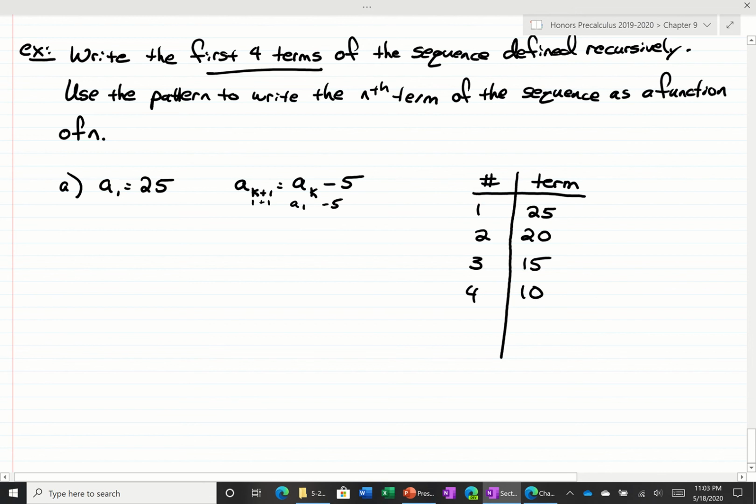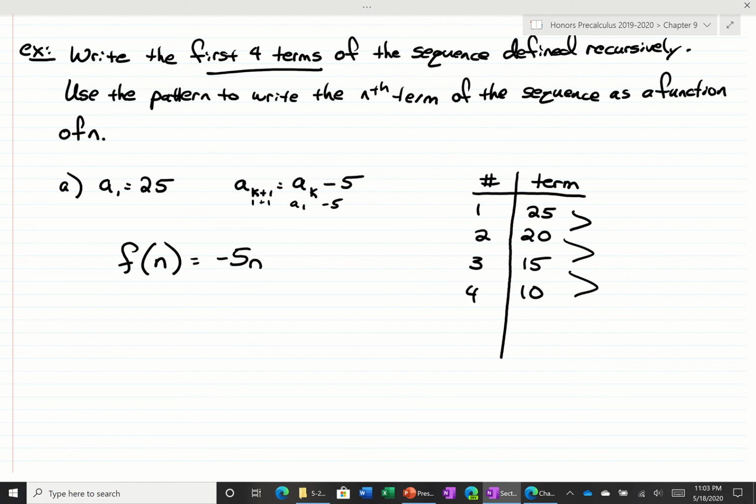So now let's try to figure out how we could write a function rule for this. Function of n. And this does look like an arithmetic sequence. We are going down by 5 each time. But somehow we have to start at 30, right?